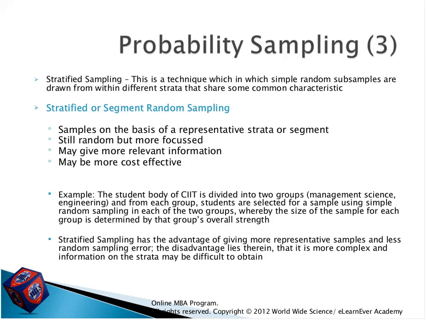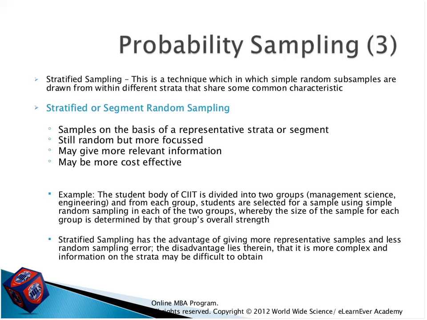We can give you this example: the student body of CIIT is divided into two groups, management science and engineering. From each group, students are selected for a sample using simple random sampling, and the size of the sample for each group is determined by the group's overall strength.